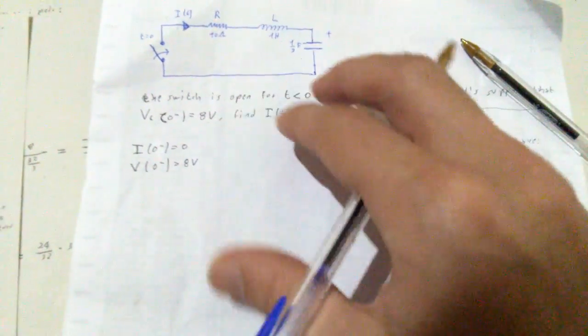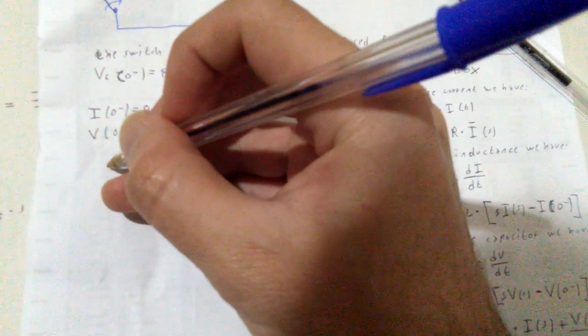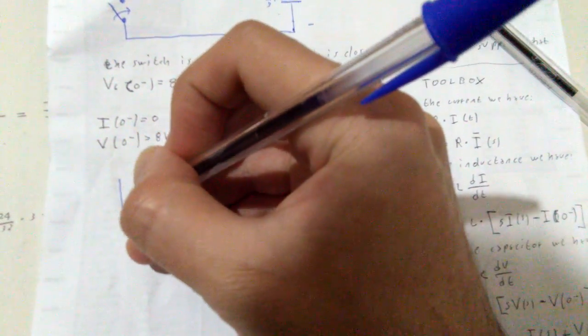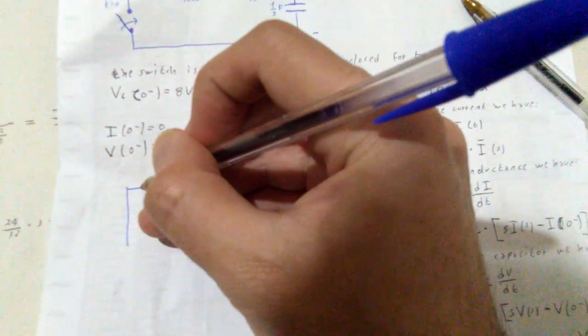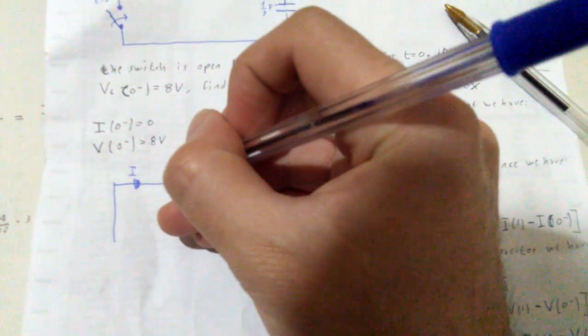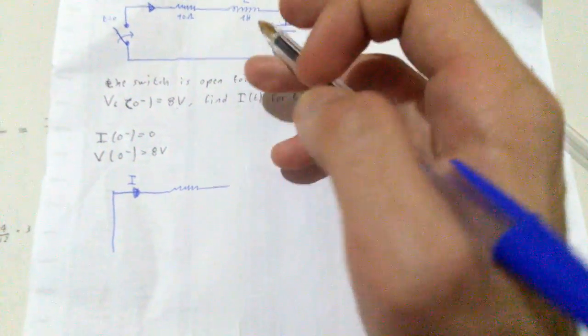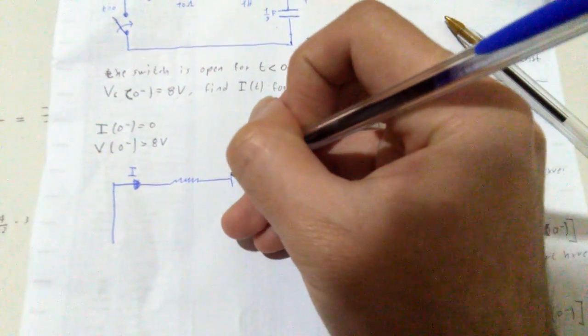So if we draw our equivalent circuit, we're going to get something like this. I is still going to flow the same way. The resistance is still going to be a resistance. Then our inductance is going to be a resistance.